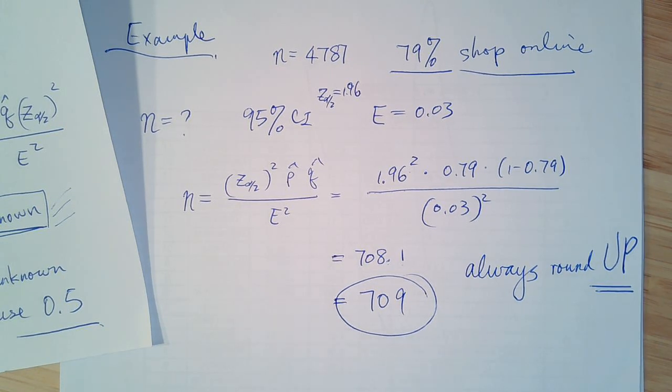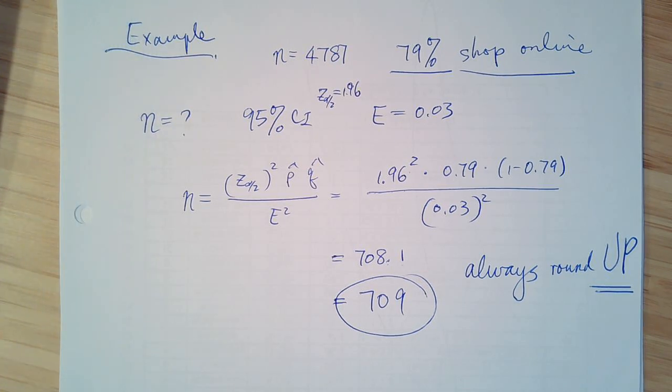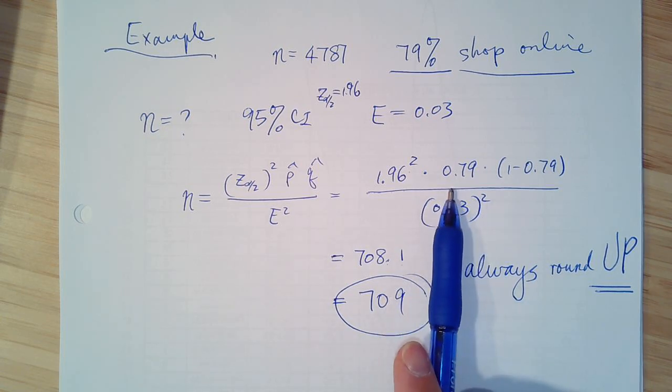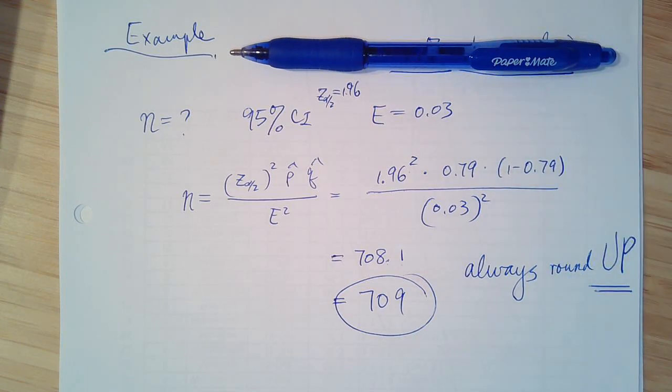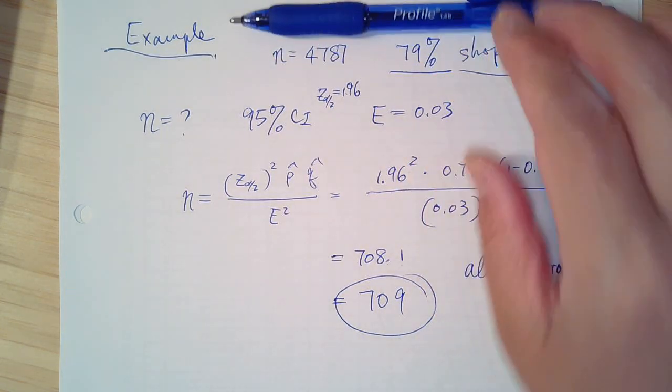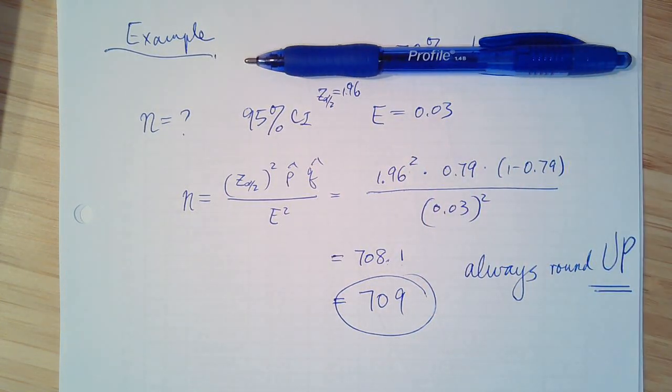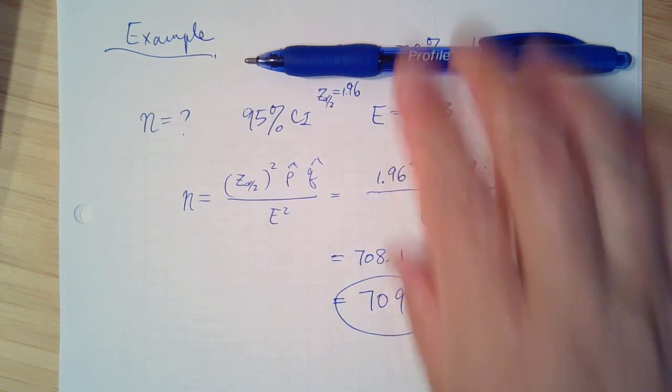Now let me quickly ask you another question. Assume that we have no prior information. We don't know about this 0.79. If we have no idea, what will be our sample size? Remember, if you don't have any information about p-hat, you're going to use 0.5.